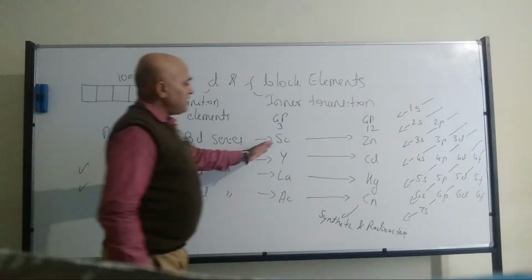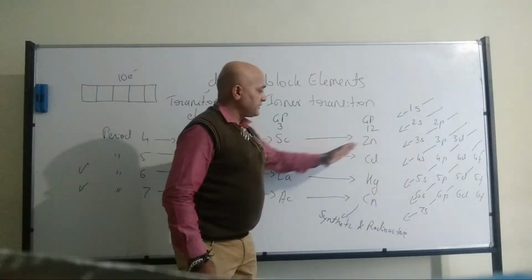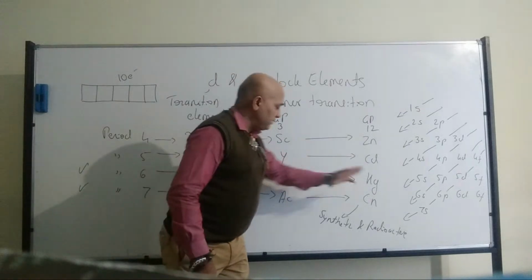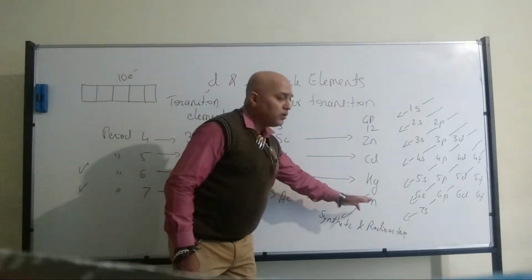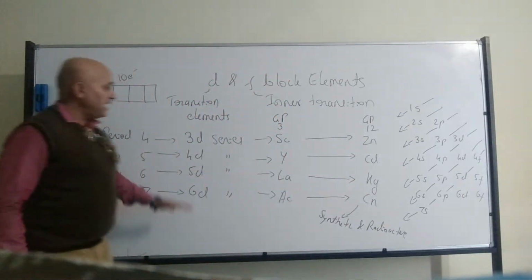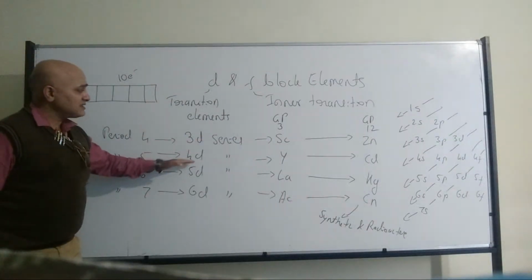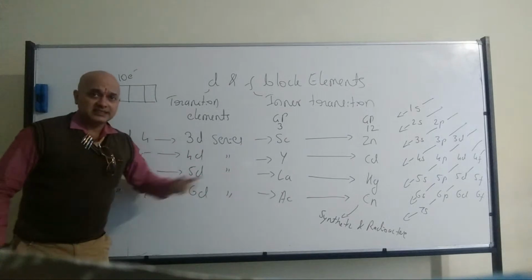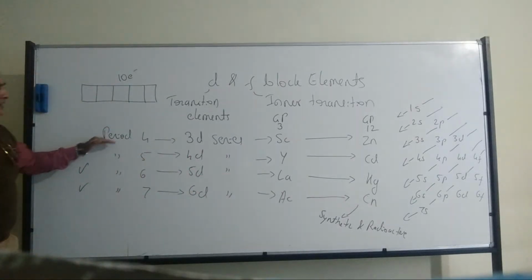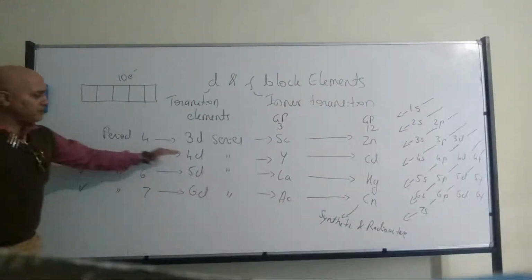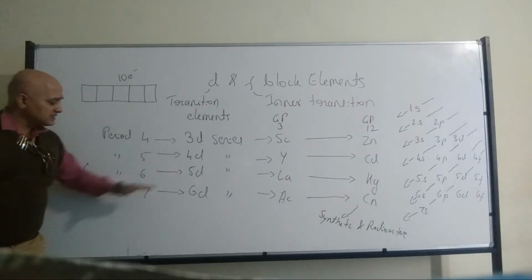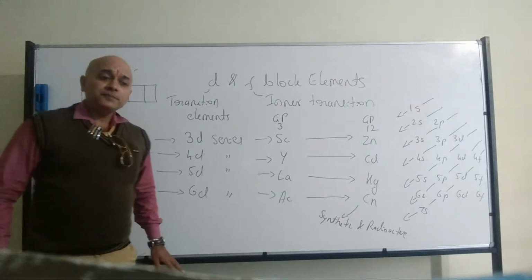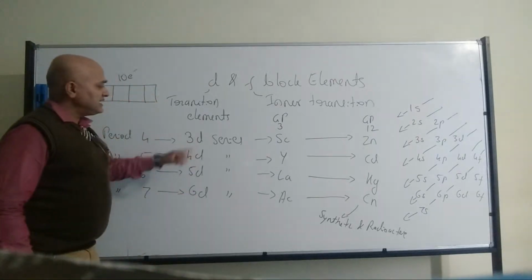So we have scandium to zinc, yttrium to cadmium, lanthanum to mercury, then actinium to copernicium. That's where we have the 3d series, 4d series, 5d series and 6d series, corresponding to period number 4, 5, 6 and 7. Why are they called the 3d series?